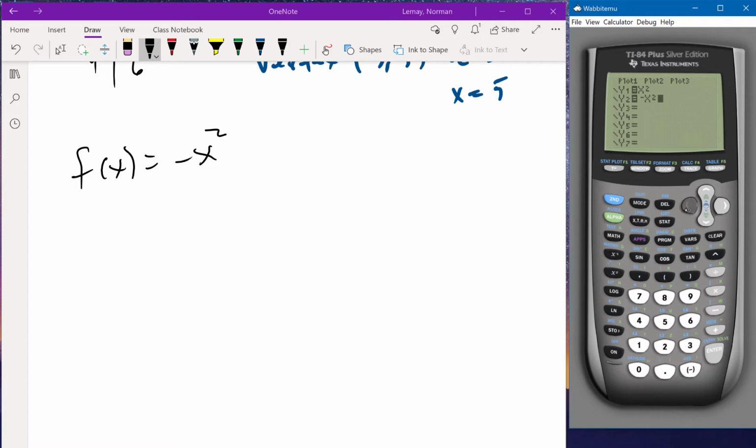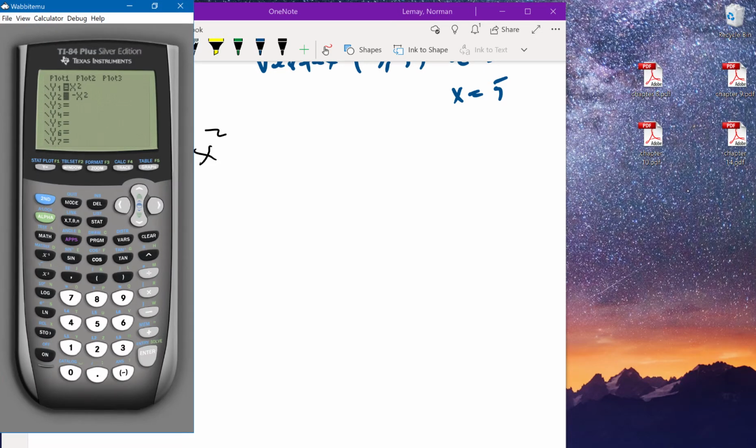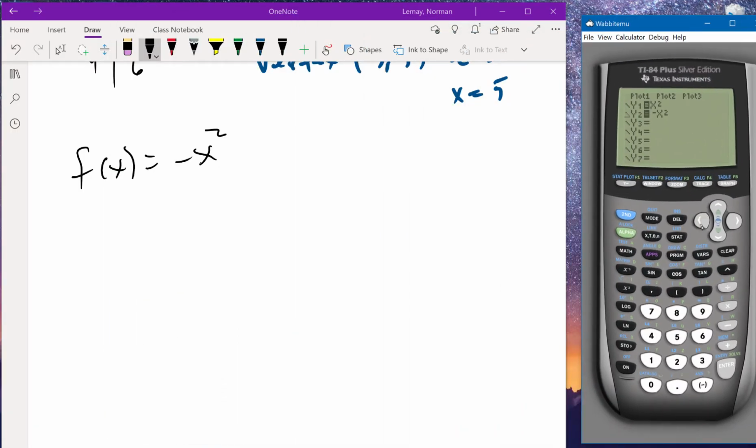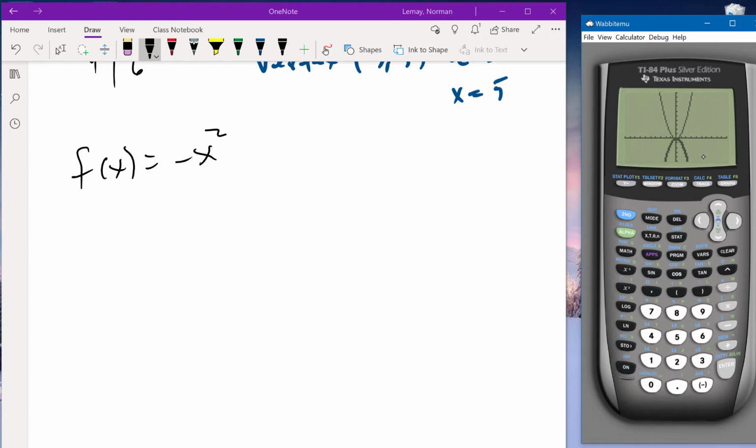I'll come back over here and make that a thick line. So let's press graph, and notice that our negative flips our graph upside down.